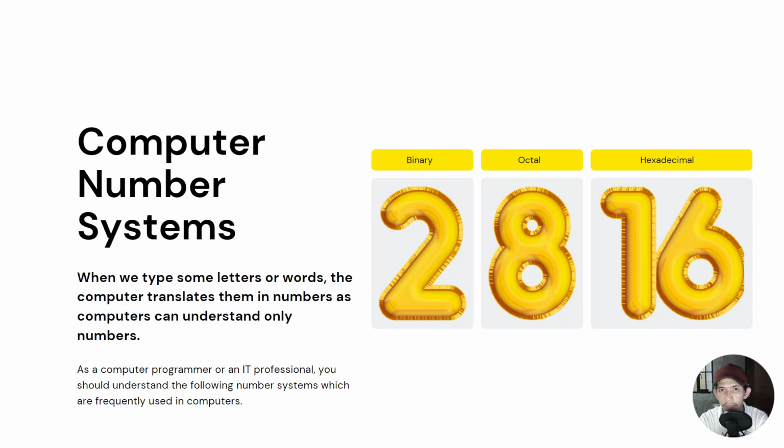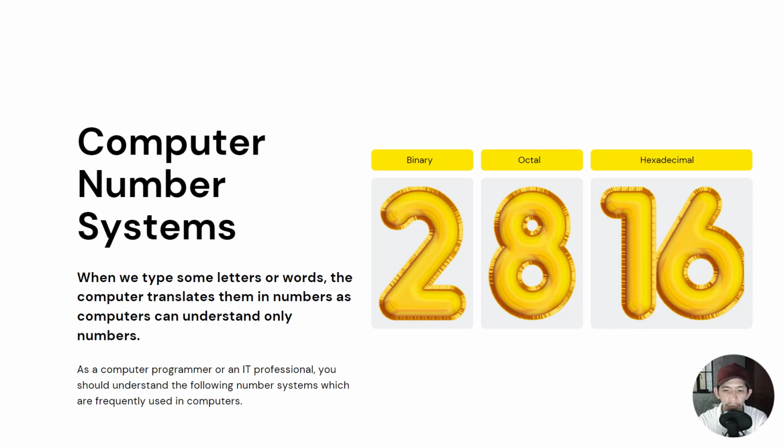Ang naiintindihan niya is numbers lang, specifically yung tinatawag natin na binary. Binary is composed of 0 and 1. Kapag sinabi natin 0, that means off, and 1 means on. Yun yung electrical pulses na kinukuha sa computer. Yun yung pinaka-signal na naiintindihan lang ni computer.